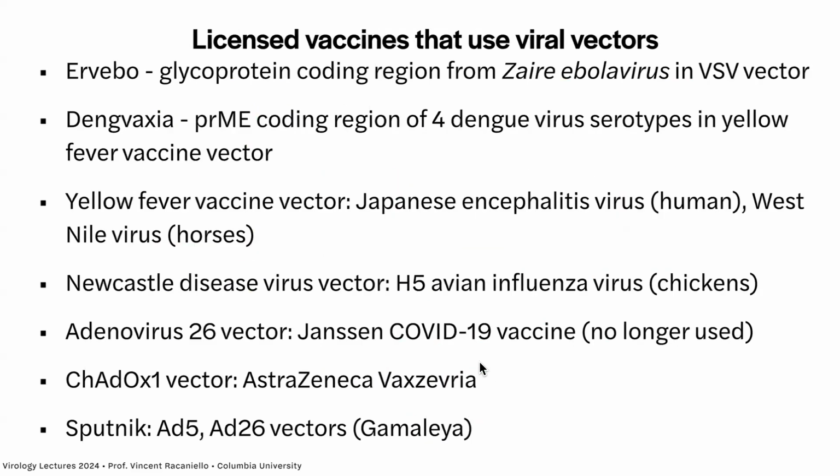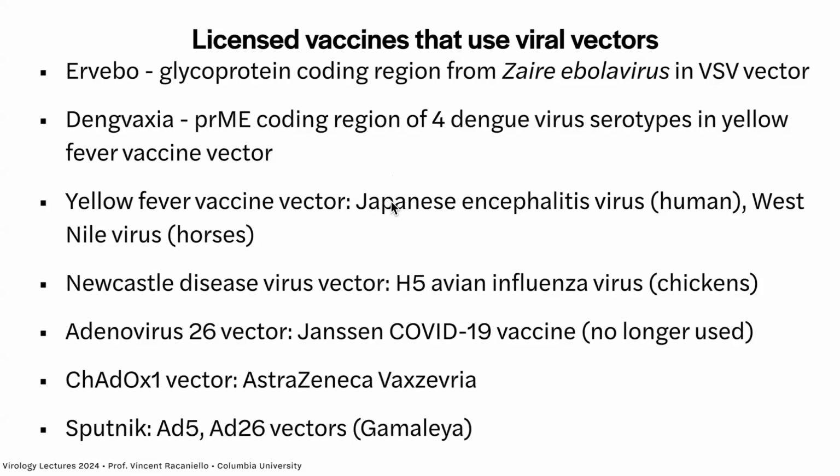So here are some licensed vaccines that use viral vectors. Ervebo is a VSV carrying the glycoprotein of Zaire Ebola virus. This has been licensed and it's used extensively in Africa. Dengvaxia, the structural region of 4 dengue serotypes, was put into the yellow fever vaccine vector.